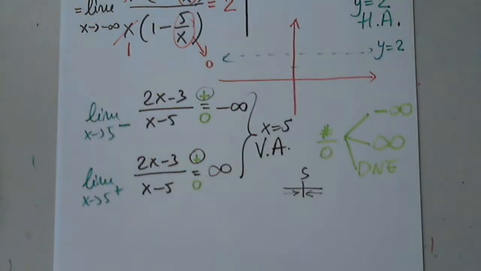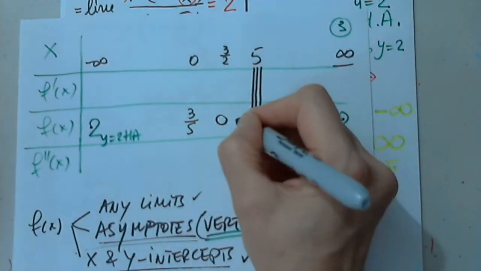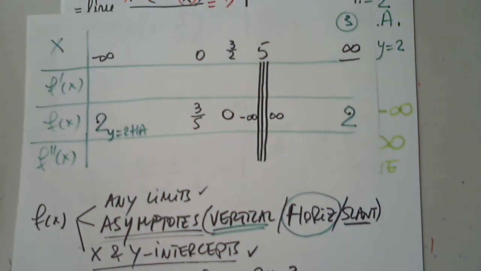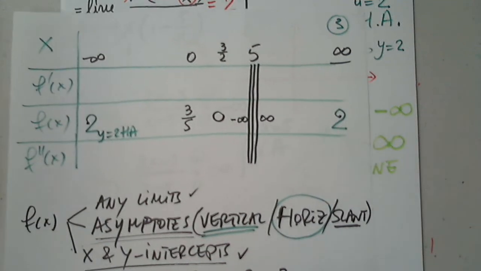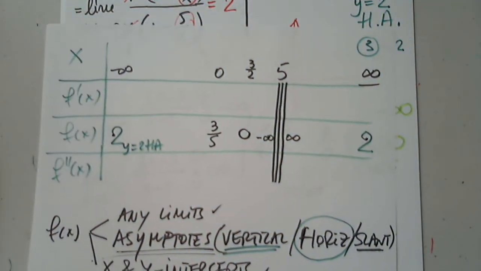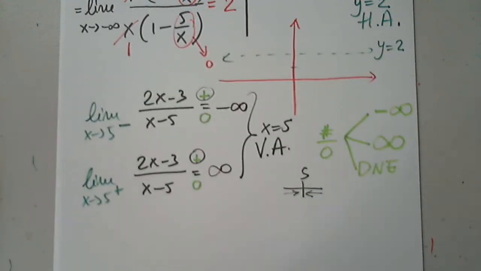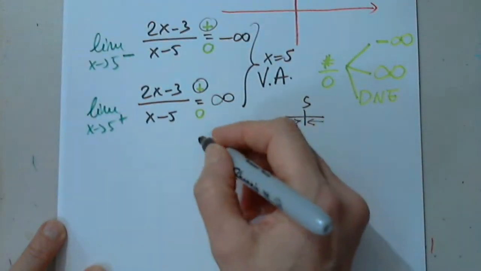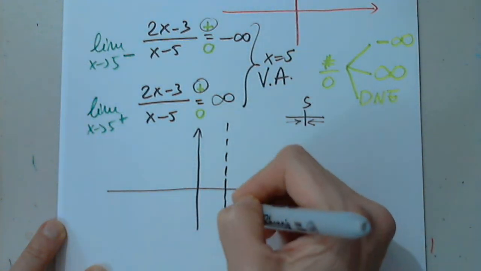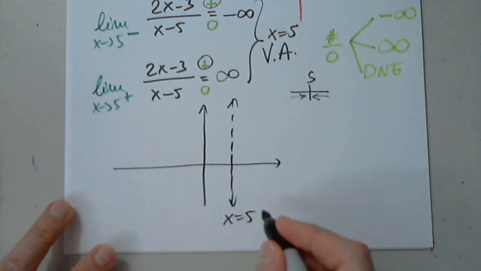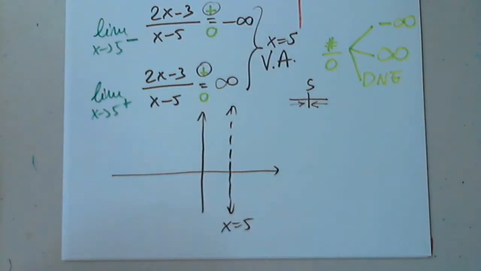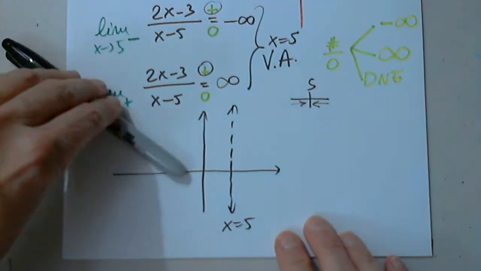What does that mean? I found something. Back, immediately back to the chart. Every time I find something in the chart, it has to end up there immediately, so I don't forget. It means that at x equals 5, the function from the left will go to negative infinity, something like this.